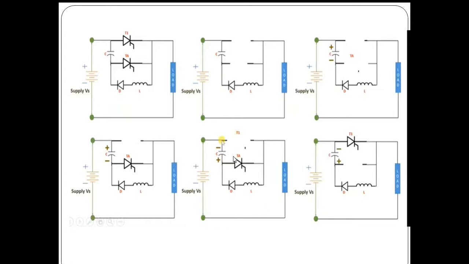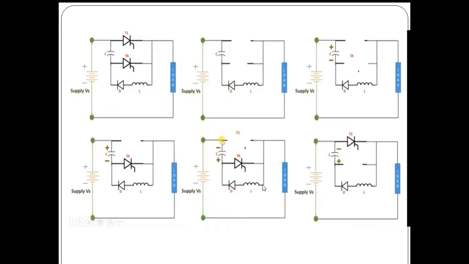So whenever this is turned on, the current will be flowing through the capacitor and it will appear as reverse bias across the main thyristor T1.